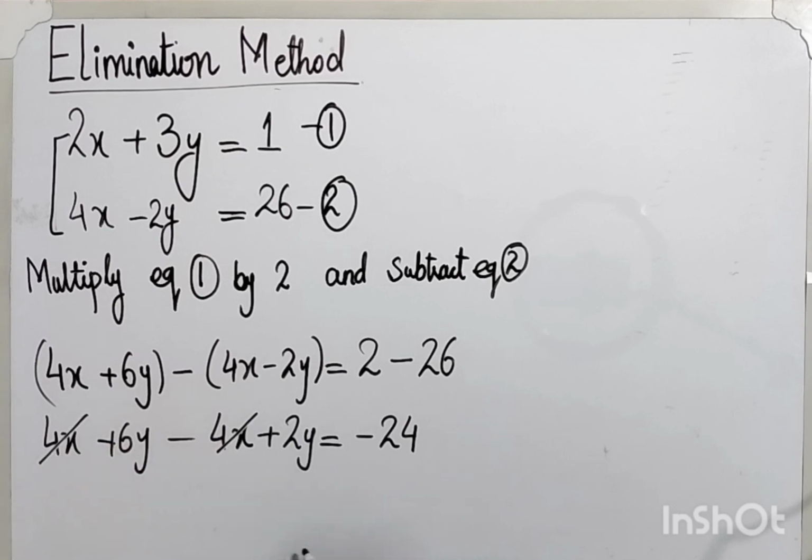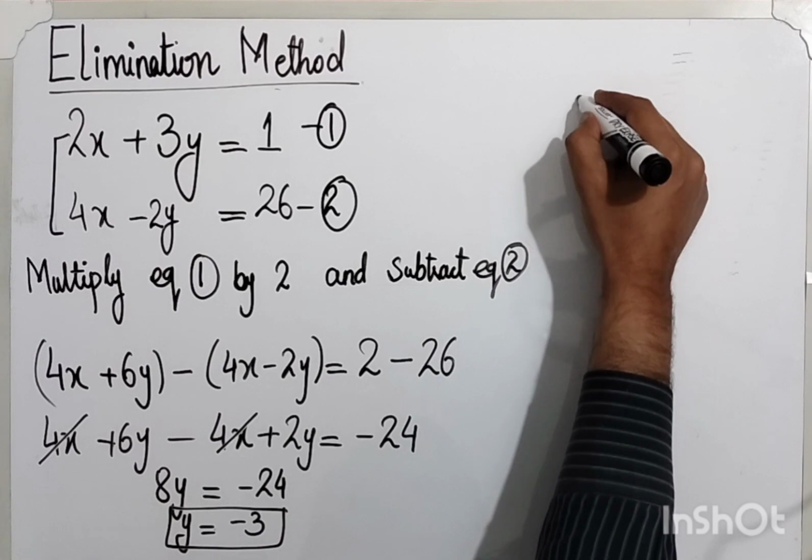We can clearly see that the opposite values were 4x and negative 4x, which cancel, and the like terms can be added, which gives us 8y equals negative 24, and upon division we get the value of y as negative 3. Now I'm going to put this value of y in one of the equations.